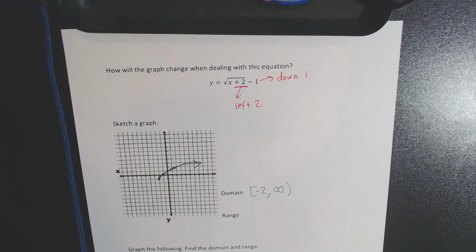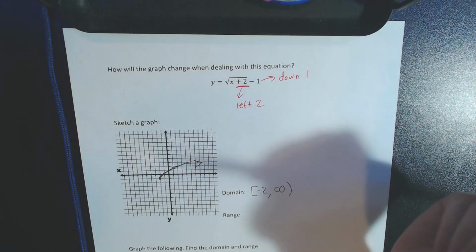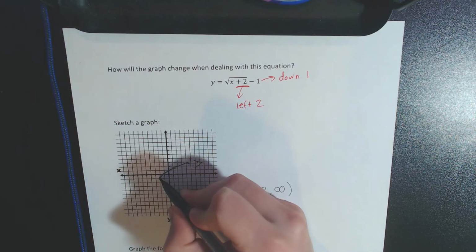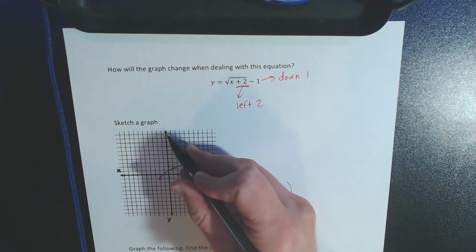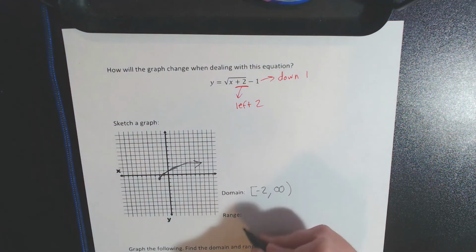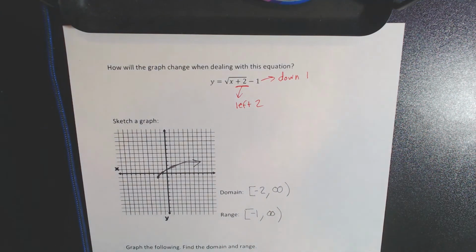Then the y values that have points with them: we start down here at y equals -1, and then it's everything above that, right? So from -1 up to infinity, and that's our domain and range. Okay, so that's how you would graph a square root function here.